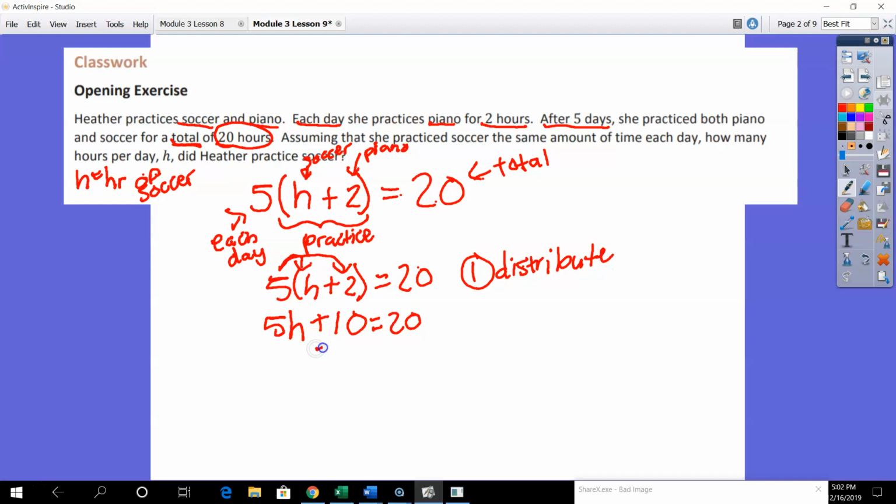Next, we are going to do the additive inverse of that coefficient. So minus 10 from both sides of the equal sign, which leaves me with 5H is equal to 10. So this was doing the additive inverse.